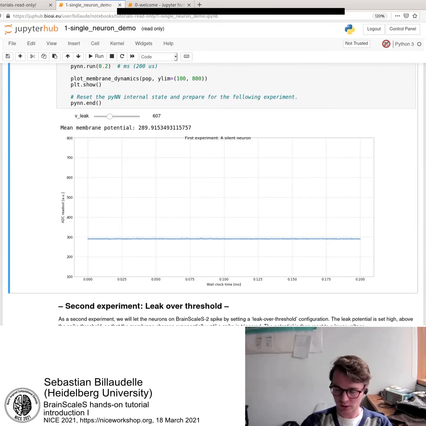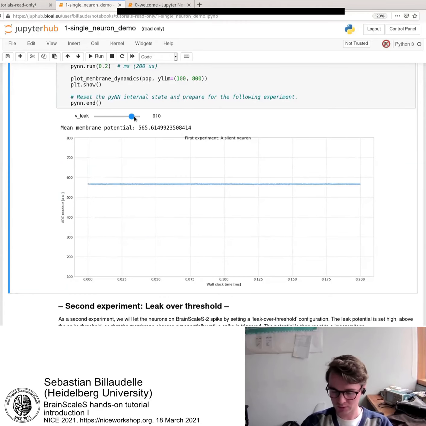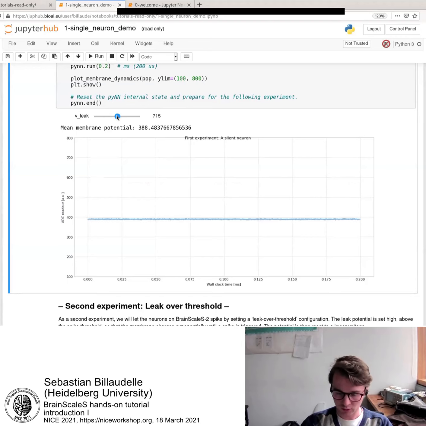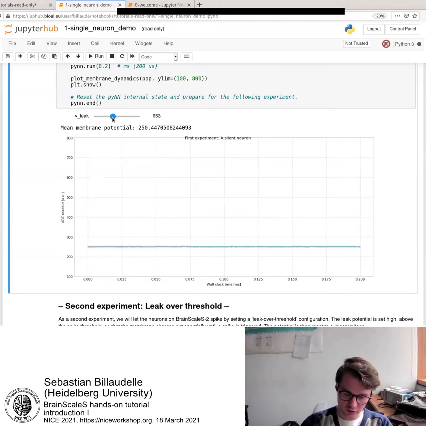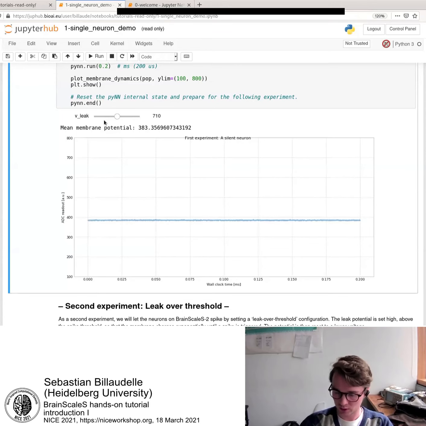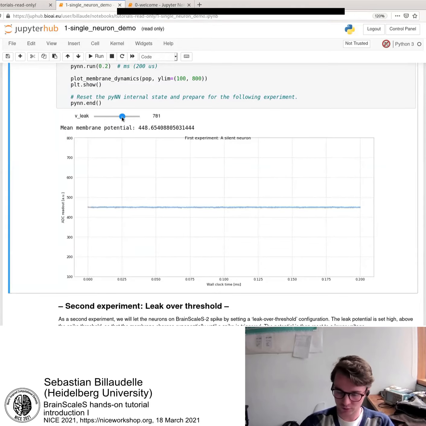So this is actually the correct behavior. If you increase EL in the LIF equation, you also increase your resting potential. So this is completely according to the equations. This is not a current into the membrane, but it really controls the resting potential. It's basically the baseline of the neuron, if you wish.